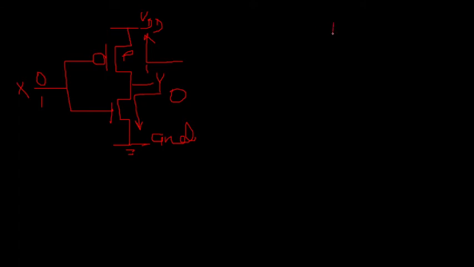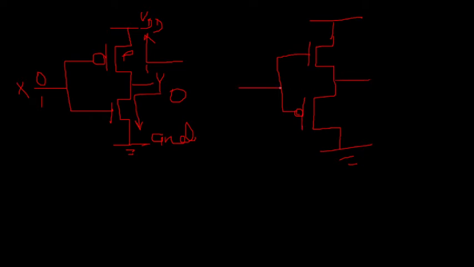So now if I invert this structure, that means if I connect this NMOS at the top and PMOS at the bottom, then in that case what will happen? Suppose I am making the inverter like this now. This is VDD, this is the output, and this is the input.